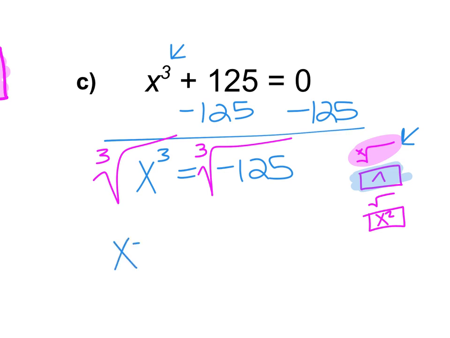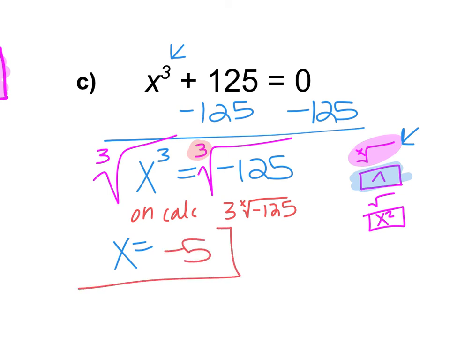But when you type it on your calculator too, you need to type the 3 in front. So on your calculator, I'll just go ahead and write this out. You're going to do 3, and then that little square root key, and then negative 125. And your answer should just be negative 5, because negative 5 times negative 5 times negative 5 is negative 125.